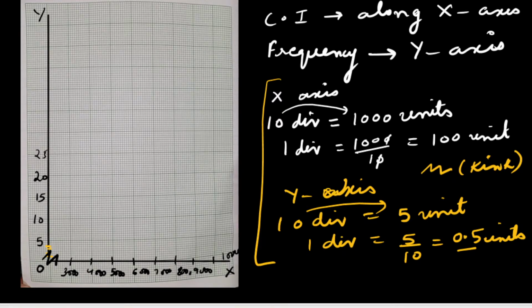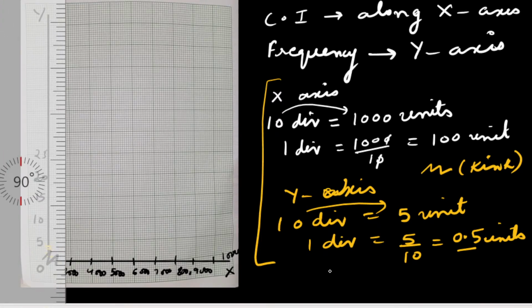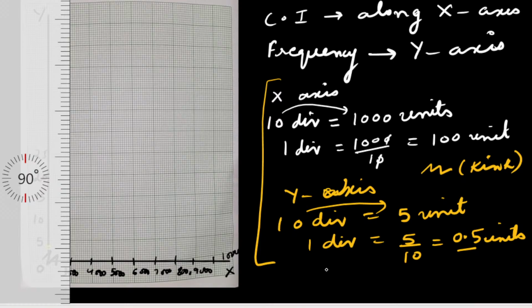Now let's draw the histogram. This graph will be very small because we have taken the Y scale only 0.5 units. So it will be somewhere like this. You can draw it along with me. So here it is, 4 point will come.